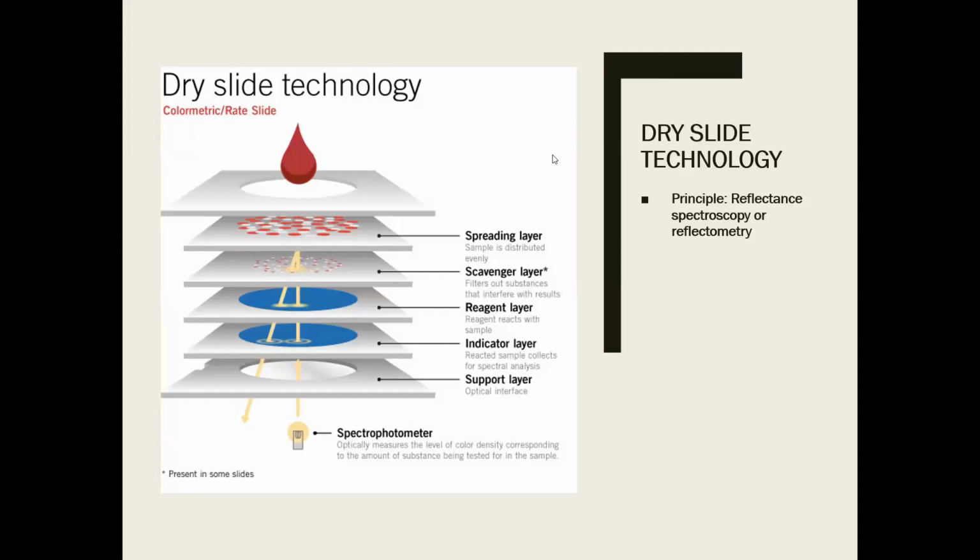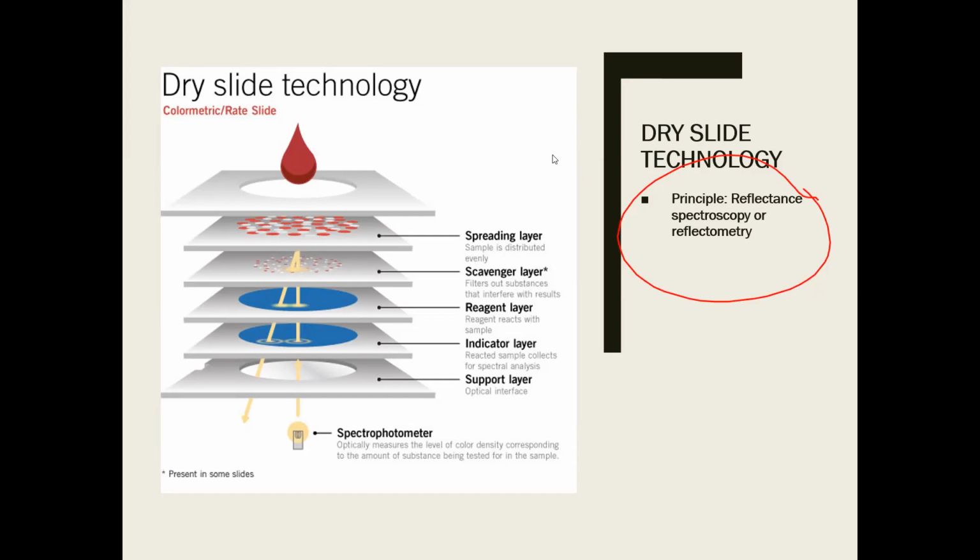Okay? So this is your colorimetric slide based on the dry cell or dry technology or dry slide technology. Again, the principle is reflectance spectrophotometry or refractometry. Again, ito po yung ating light.